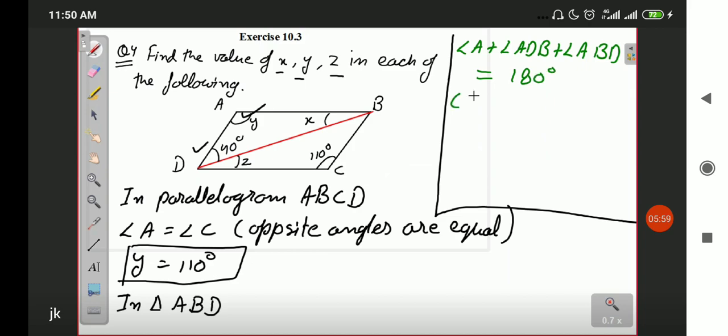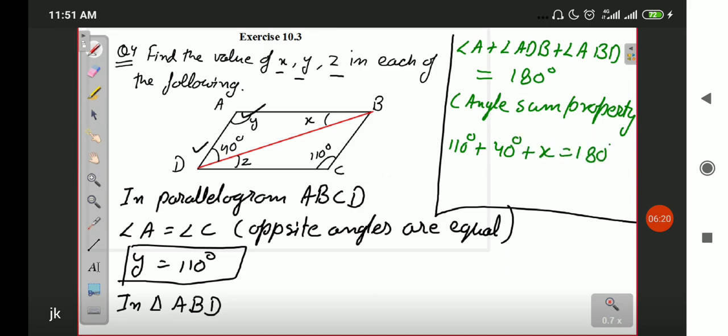Reason is angle sum property. So 110 degrees plus 40 degrees plus x equals 180 degrees. That means x should be equal to 180 degrees minus 150 degrees. So the value of x will be 30 degrees.